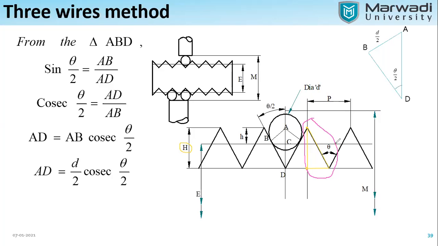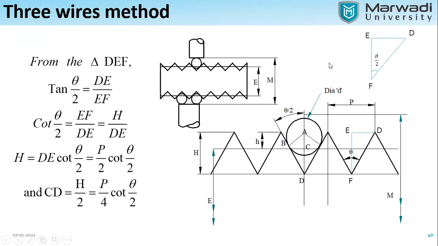So how can we find this distance AC, as A is on the right up part? Okay, so let's see. Here you can see that we have considered another triangle.